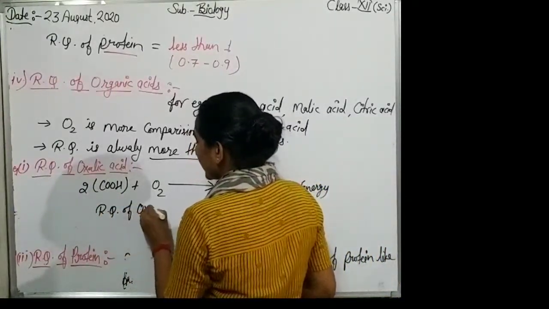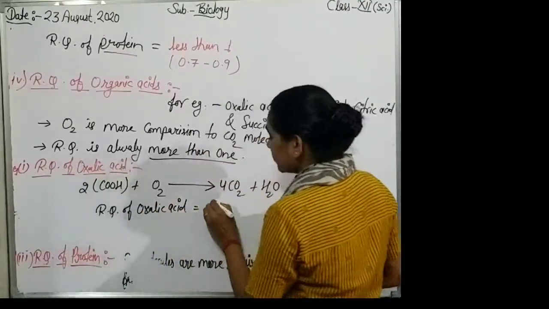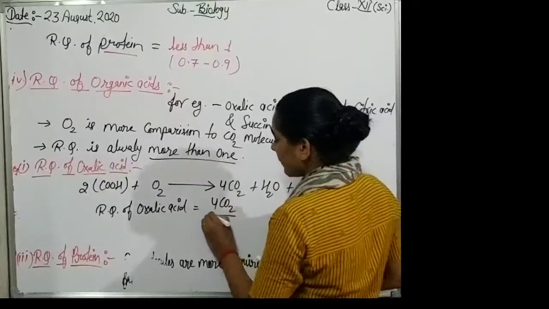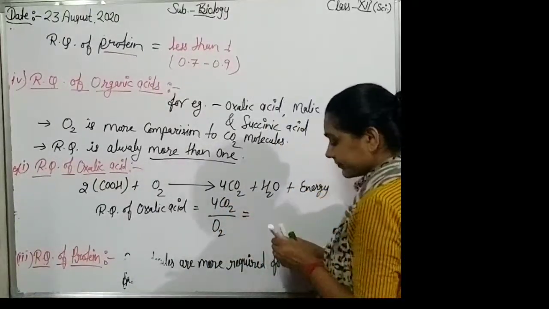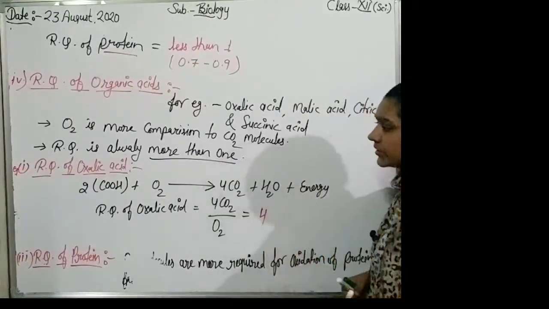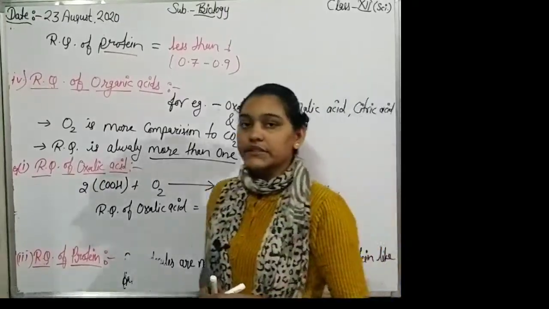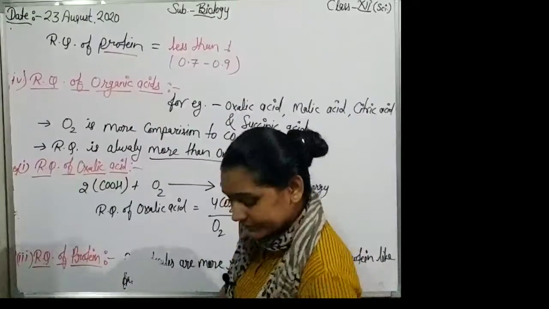RQ of oxalic acid is equal to 4 CO2 molecules upon 1 oxygen molecule, which is equal to 4. So RQ of oxalic acid is 4. It means more than 1.